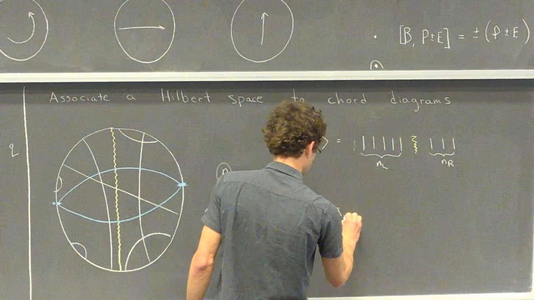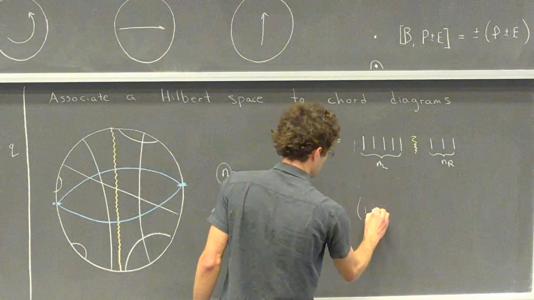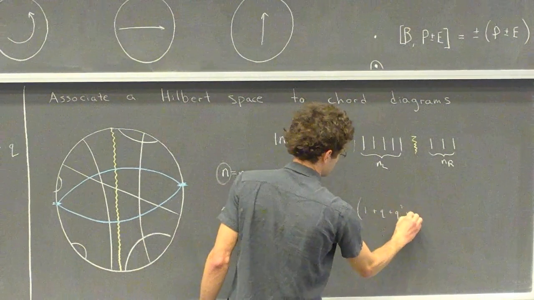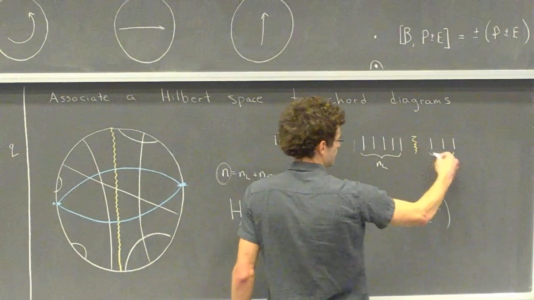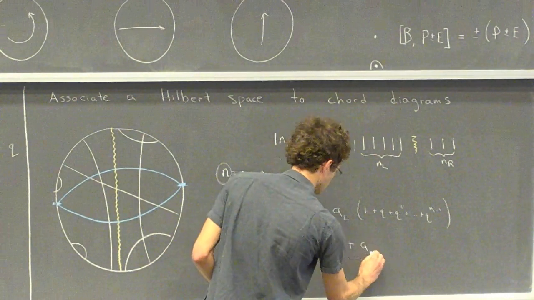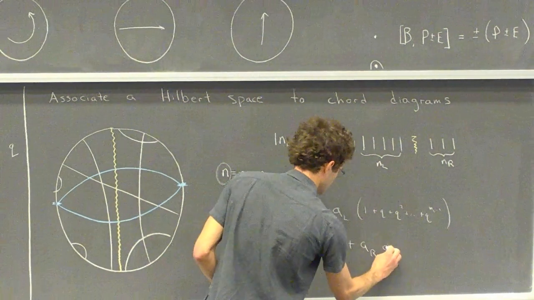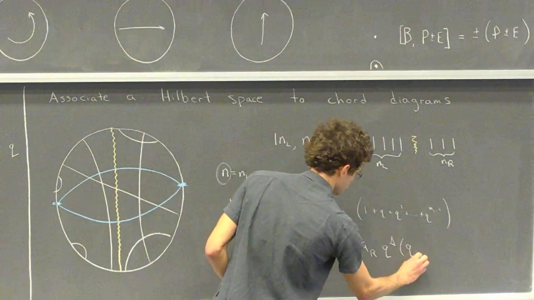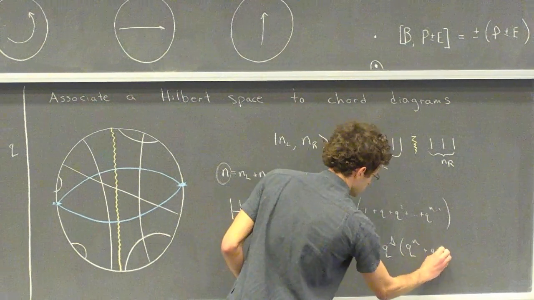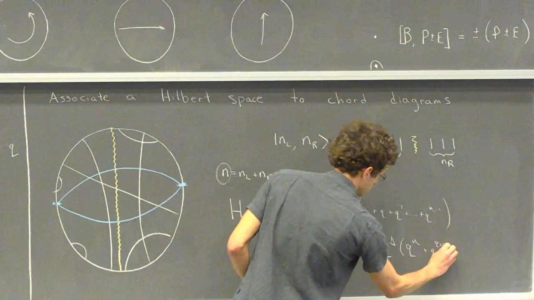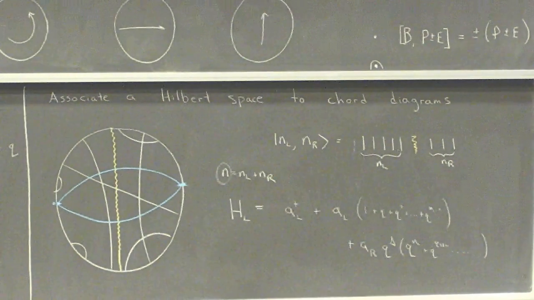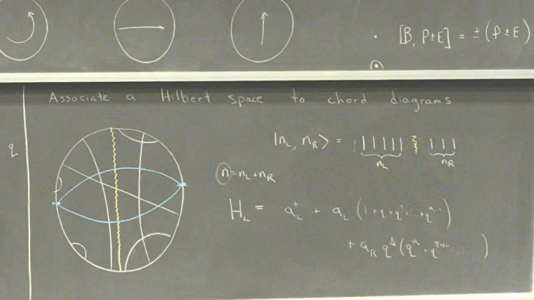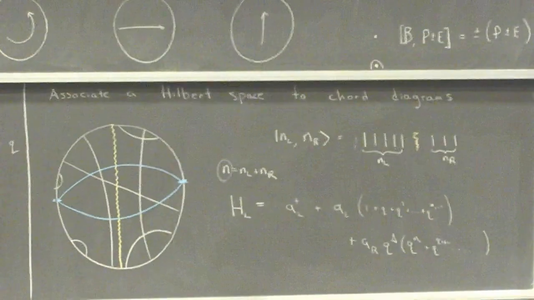That gives a factor AL times 1 plus Q squared plus Q to the NL minus 1. Or it can annihilate one of these chords, plus A right times Q to the delta times Q to the NL plus Q to the NL plus 1, and so on. So this gives some explicit expression for the left and right Hamiltonians in terms of raising and lowering operators on the left and right sides.